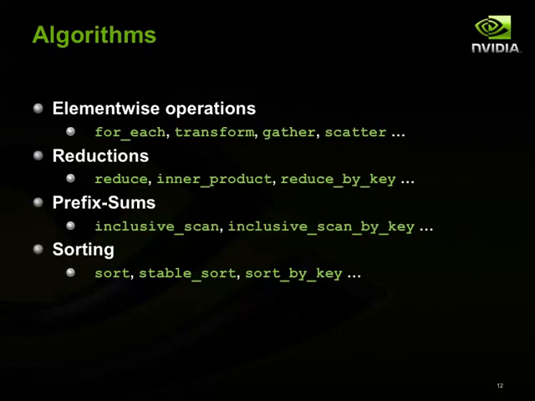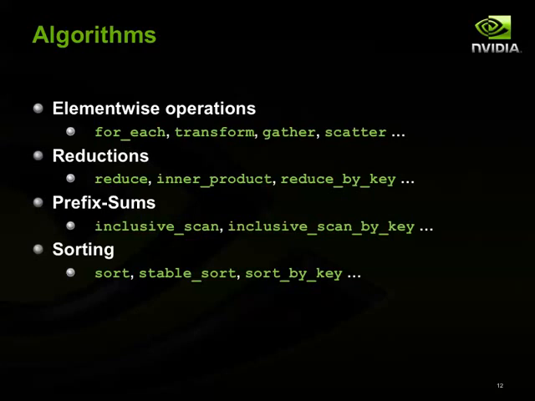So there are a lot of algorithms in Thrust. I won't talk about even half of them today. I think there's something like 50 or 100. And you can classify them into a few different categories. There are algorithms for doing element-wise computation, so for each element in the range, apply some transformation, so compute f of x, sort of, and y. There are a bunch of reductions. The simplest one, reduce, will allow you to sum elements or compute the maximum, things like that.